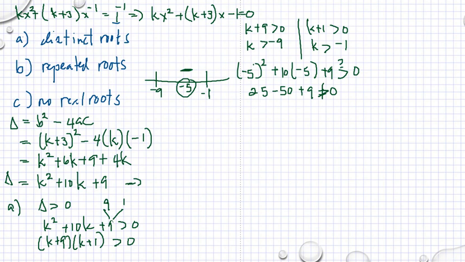That means if I'm going to answer now C, when our discriminant is less than 0, and it should be in between, it's not x, it should be k. k should be between negative 9, greater than negative 9, but less than negative 1.